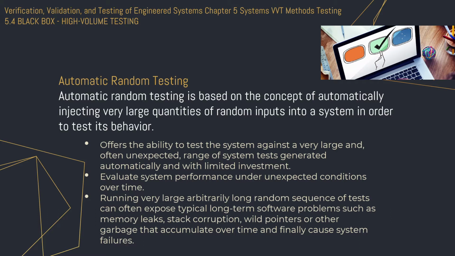Automatic random testing is part of high volume testing. In this type of test, we throw very large quantities of random inputs into the system so we can test its behavior and see how it handles these inputs. It's very good because it's usually automatic and can test the system's performance and reveal any unexpected conditions.